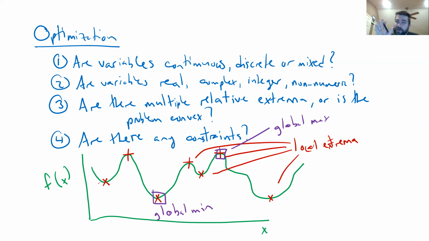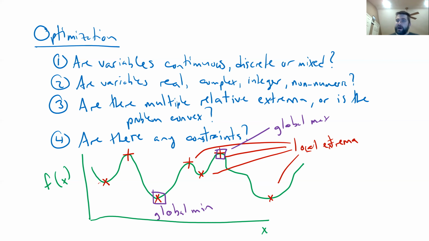And perhaps most importantly, there are algorithms that are designed to find local extrema, and there are algorithms that are specifically designed to find global extrema, or at least to attempt to find global extrema.